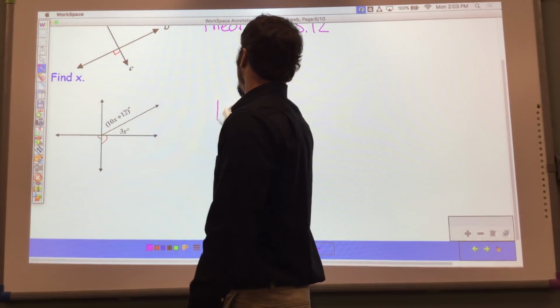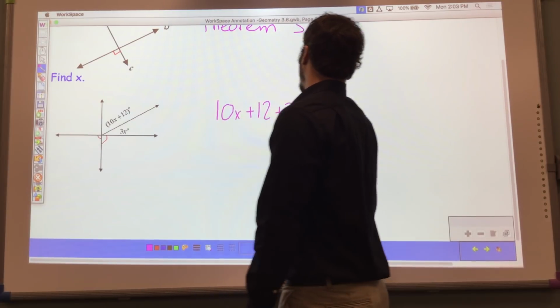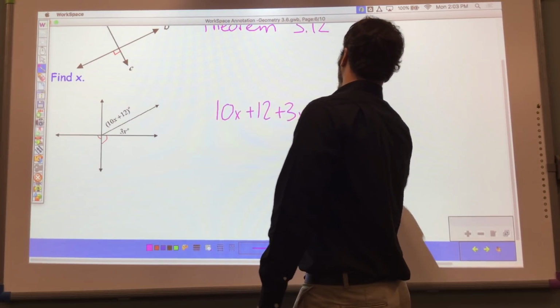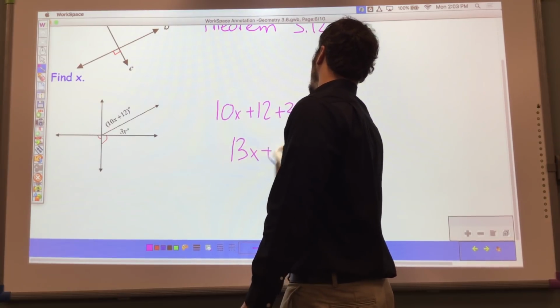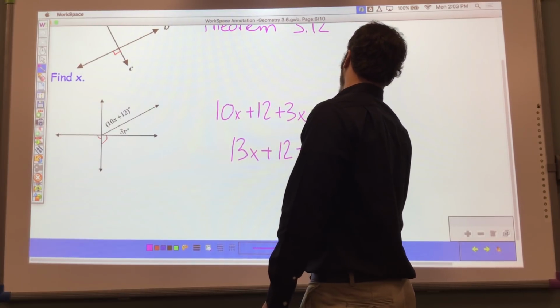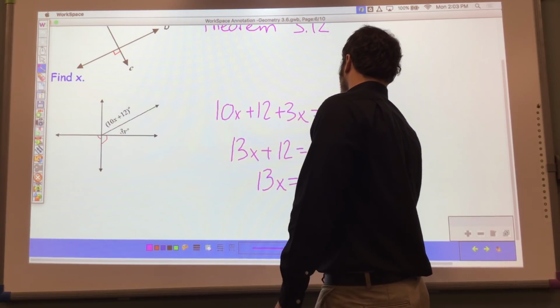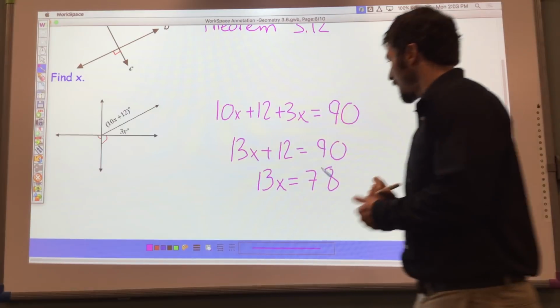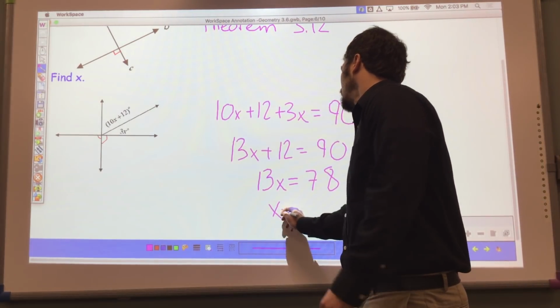So we can say 10x plus 12 plus 3x equals 90. So 13x plus 12 equals 90. So 13x is going to equal 78. And so x would be 6.